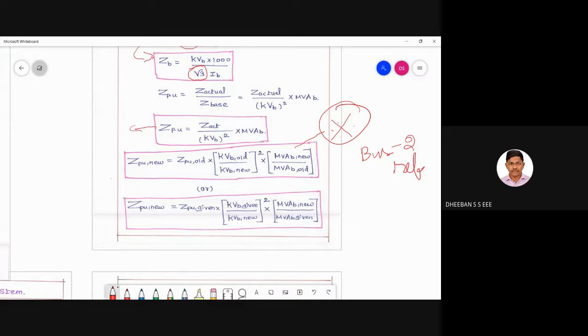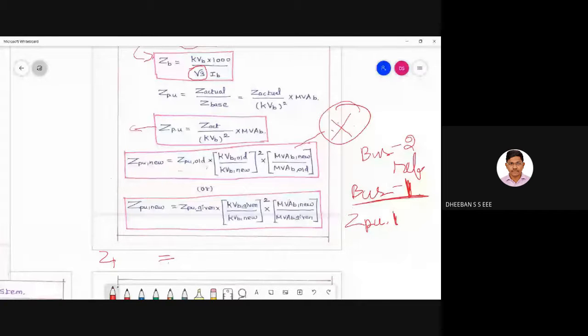If you want to find the impedance for bus 1, so Z_pu,1, if you want to find it, this will be going like this. So Z_pu old value, into KV_B old value.